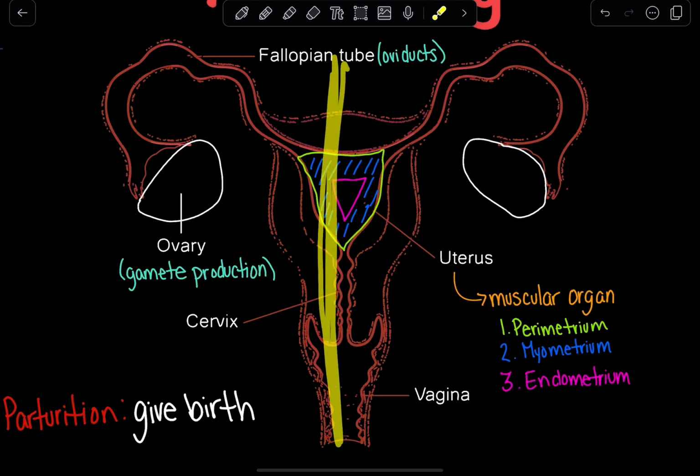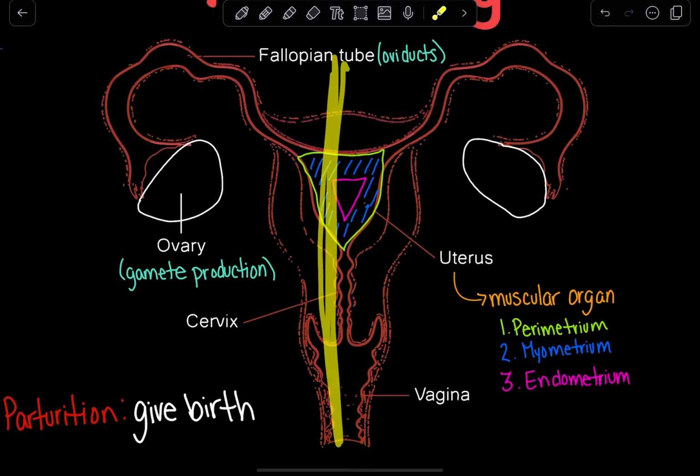So the sperm traveling this way, they will encounter the egg that was released by this ovary. But the sperm traveling this way, they will eventually die off because there is no egg released over here in that specific month. So once again, the sperm enter through the vagina, they travel through the narrow opening called the cervix, they travel through the uterus and into the fallopian tubes to find that egg.